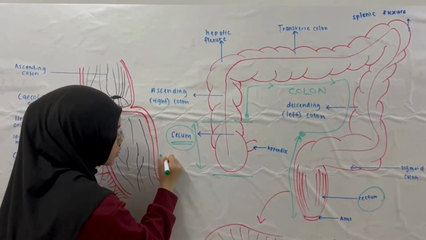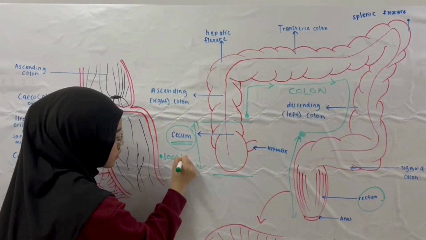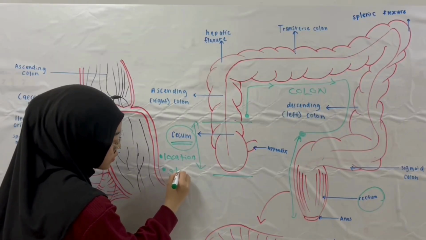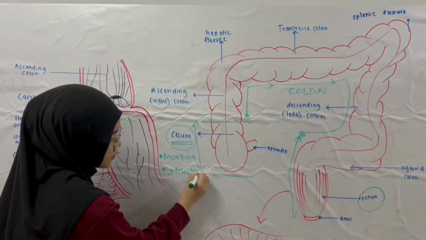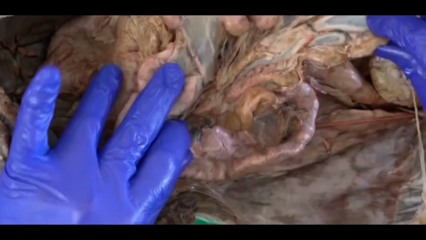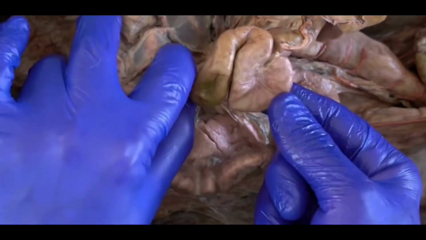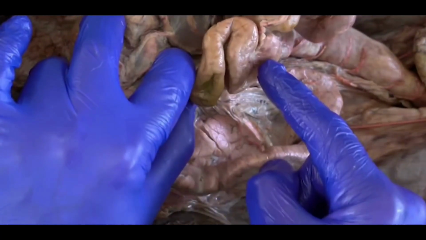I'm going to share about the location first, and the next part, I'm going to talk about the structure. So, let's take a look. Here you can see the large intestine of a canine, and here is the cecum.